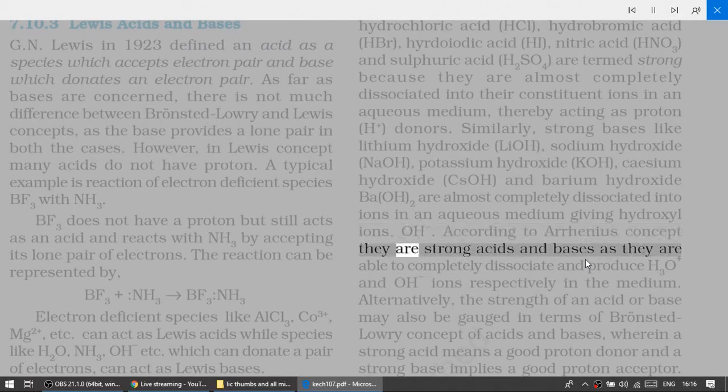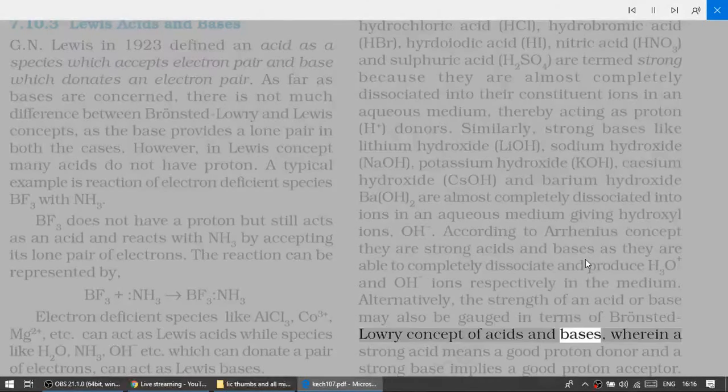According to the Arrhenius concept, they are strong acids and bases as they are able to completely dissociate and produce H3O+ and OH- ions respectively in the medium. Alternatively, the strength of an acid or base may also be gauged in terms of the Bronsted-Lowry concept of acids and bases, wherein a strong acid means a good proton donor and a strong base implies a good proton acceptor.